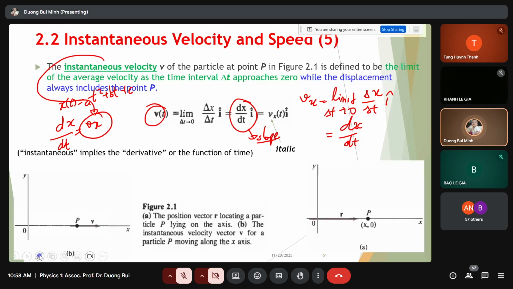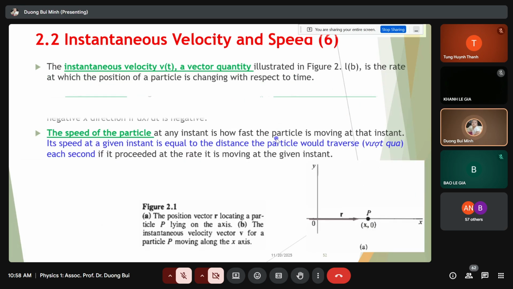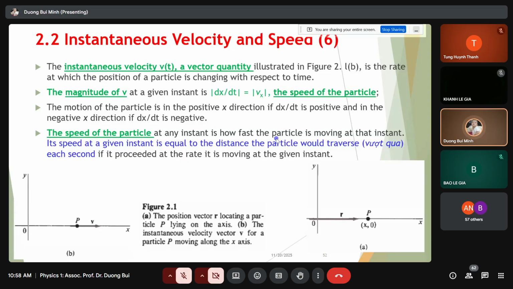Here, the instantaneous velocity implies the derivative of a function of time. We use italics because this is a variable, a function of time. Now the summary: instantaneous velocity is a vector quantity, so we should consider magnitude and direction.